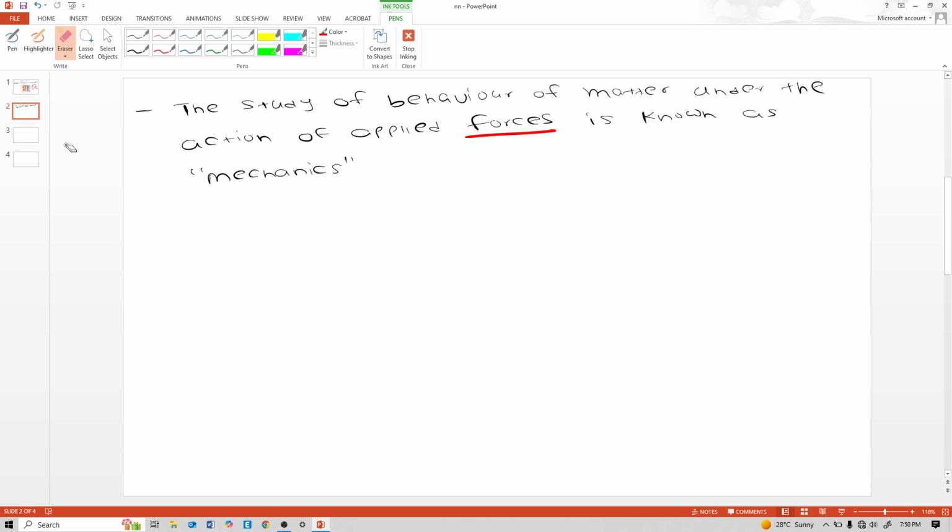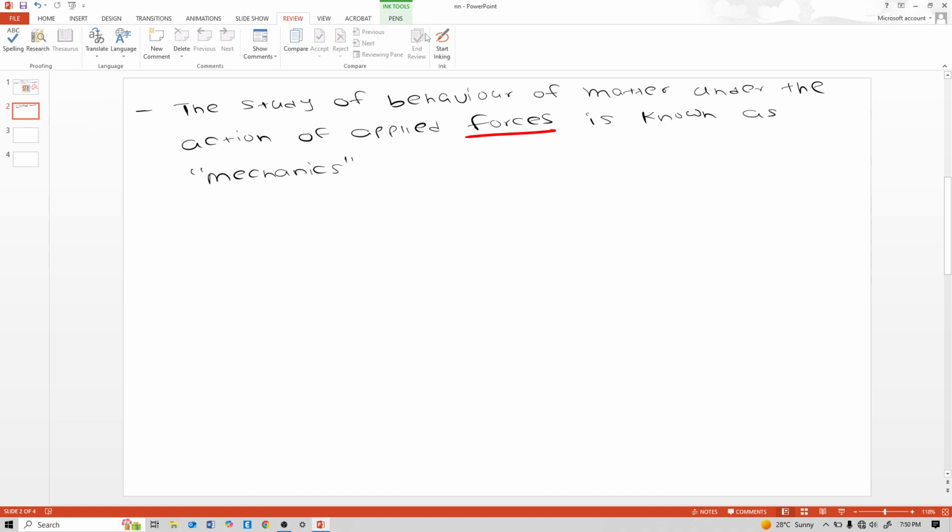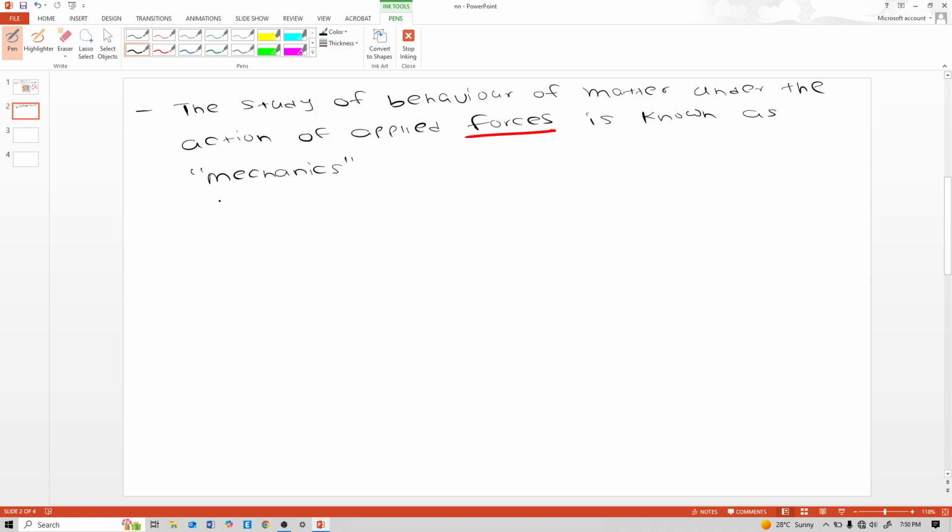Now next, mechanics is a physical science that deals with the study of physical phenomena. That means you will be able to imagine it, because it depends on physical phenomena.